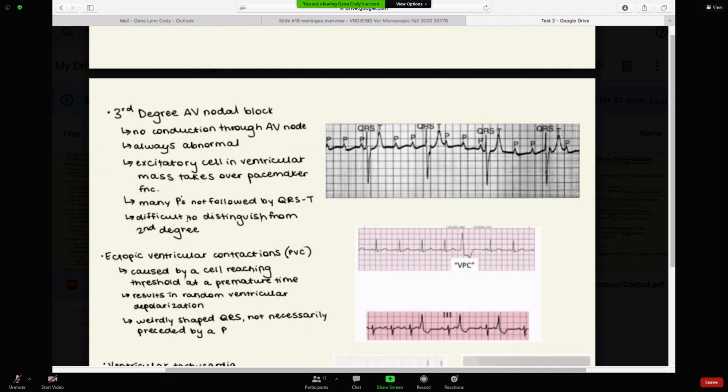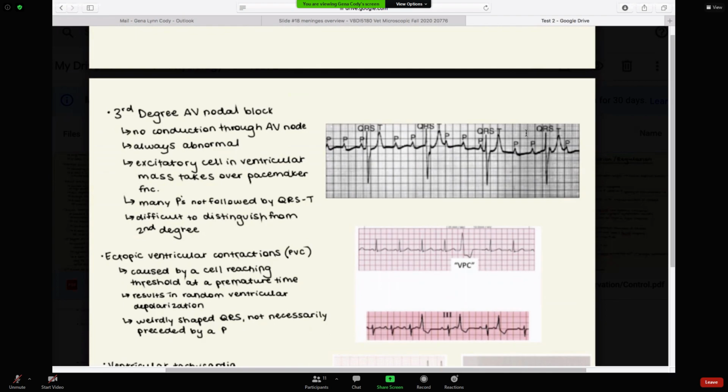So it's hard to tell on an EKG, and that's what he was saying. But basically, there are a lot more P waves in between these QRSTs that are not accompanied by their own QRST. And like I said, these QRSTs are much slower, kind of random.